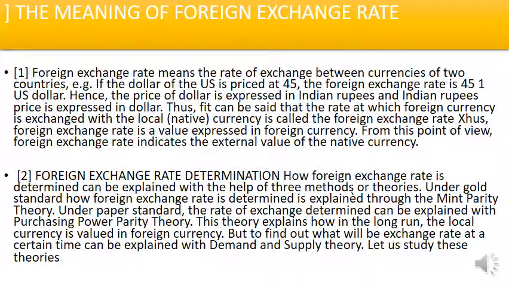In the last semester, semester 3, in the principles of macroeconomics, you learned that the purchasing power parity of a public means how much money can purchase of goods and commodities. This theory explains how, in the long run, the local currency is valued in a foreign currency. But to find out what the exchange rate will be at a certain time, it can be explained with the demand and supply theory. Let us study these theories.